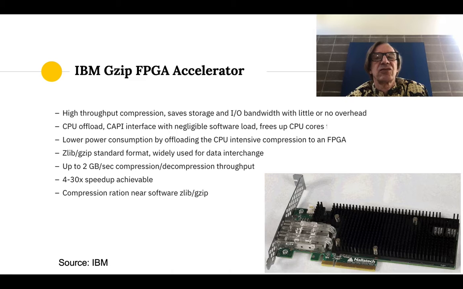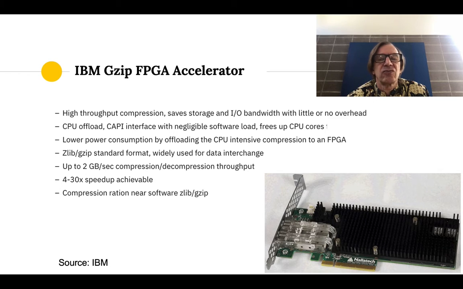I'm not going to describe here in much detail how the FPGA Gzip kernel works. But let me list some of the attributes of this accelerator. It obviously saves storage and I/O bandwidth, and because of the absence of device drivers, there's a lot less CPU overhead.